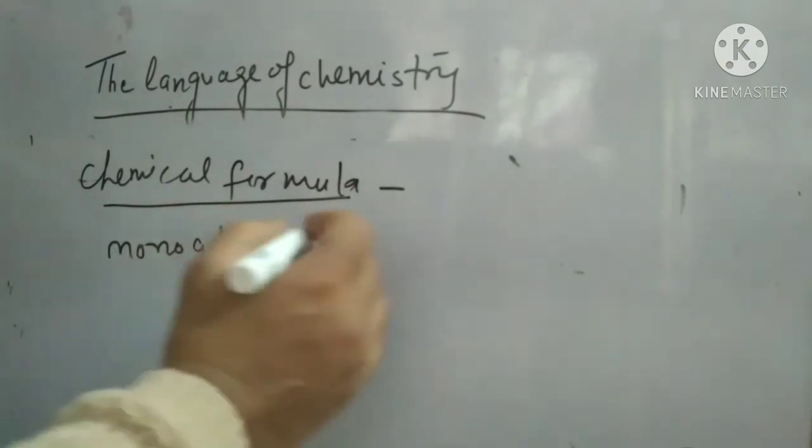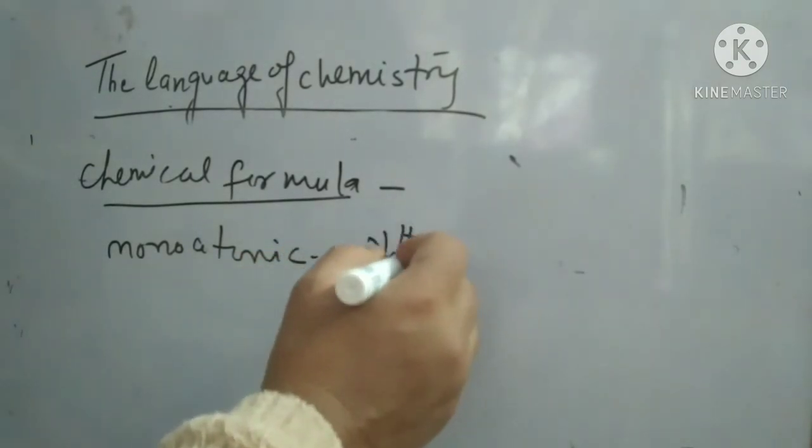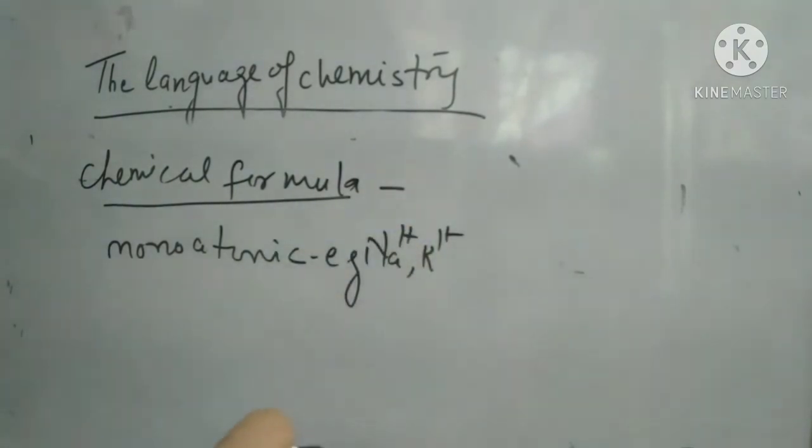For example, sodium, potassium. So when an element exists as a molecule, a number representing its atomicity is written as a subscript after the symbol of the element and therefore represents its formula.